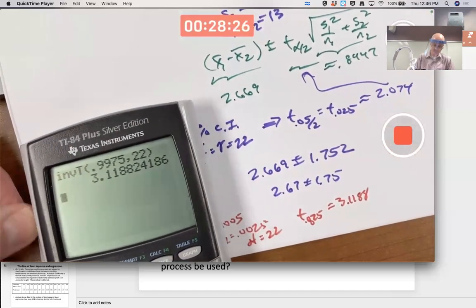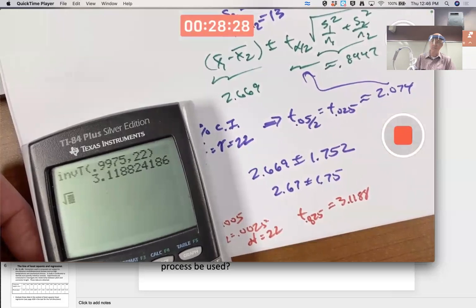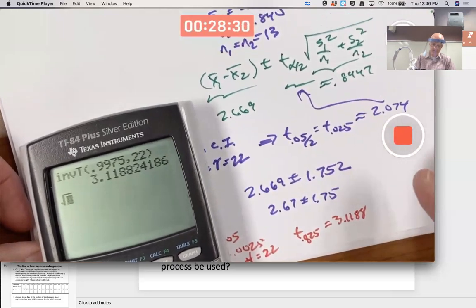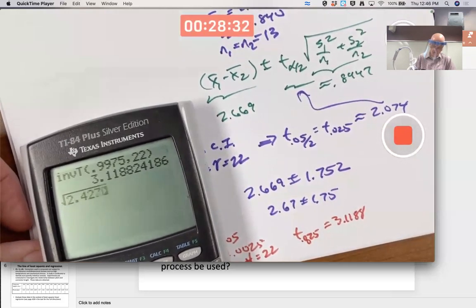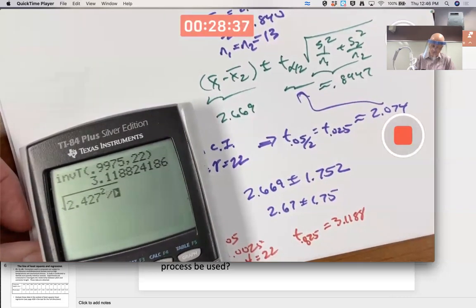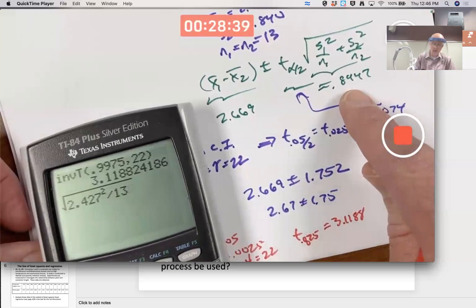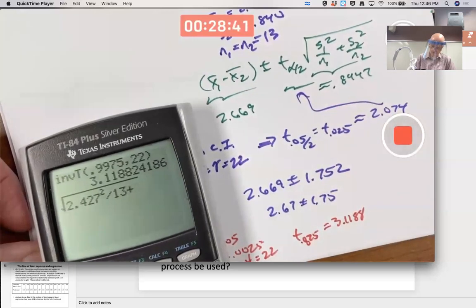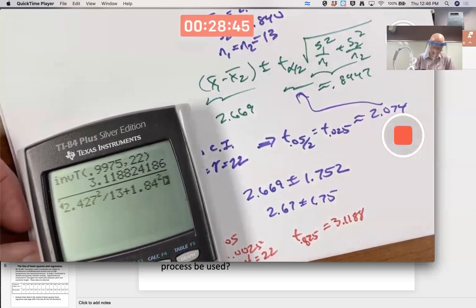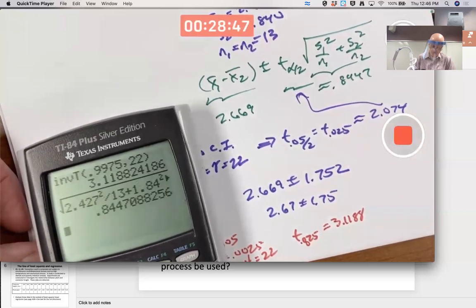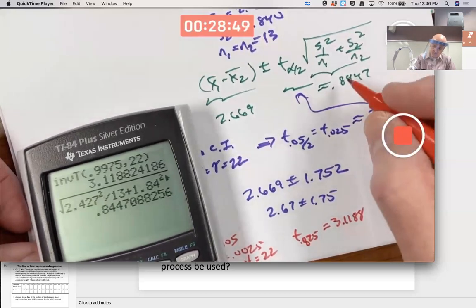Okay, let's do the S1 squared over N1 plus S2 squared over N2 again. Sorry about this. My other answer might be wrong if that's a 9 instead of a 4. Oh, it's a 4. Okay.